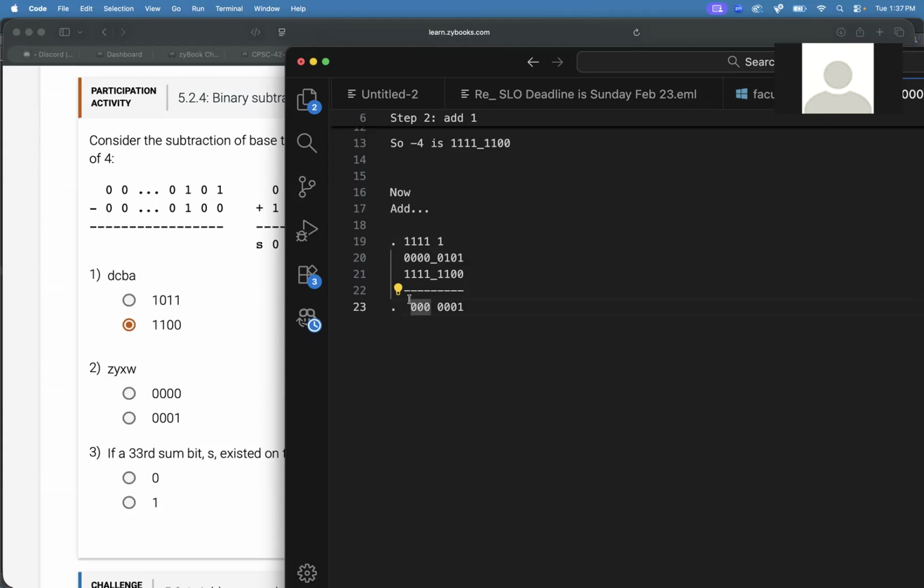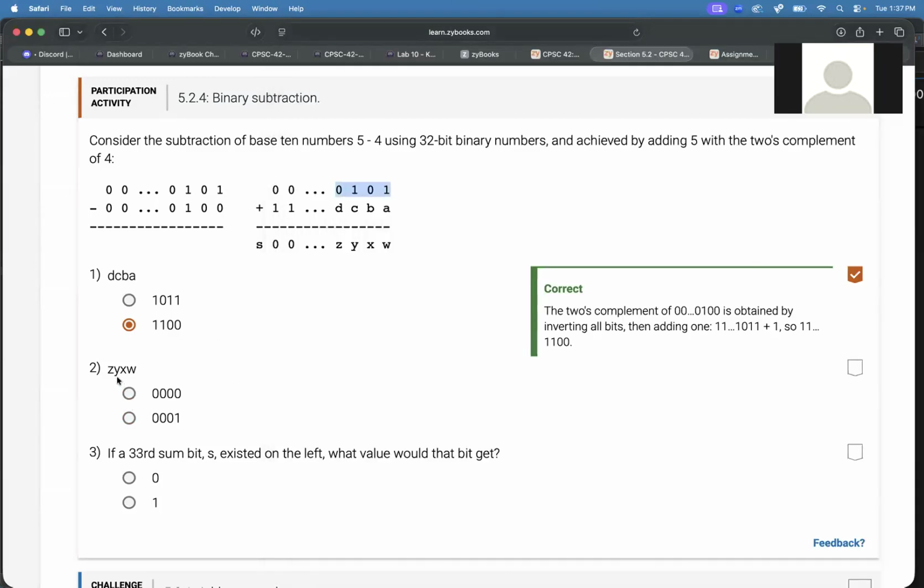And then 1 plus 1 is 0, carry the 1, but we're out of bits. So we just end up with 1 here. So what is the ZYXW? It is 1.